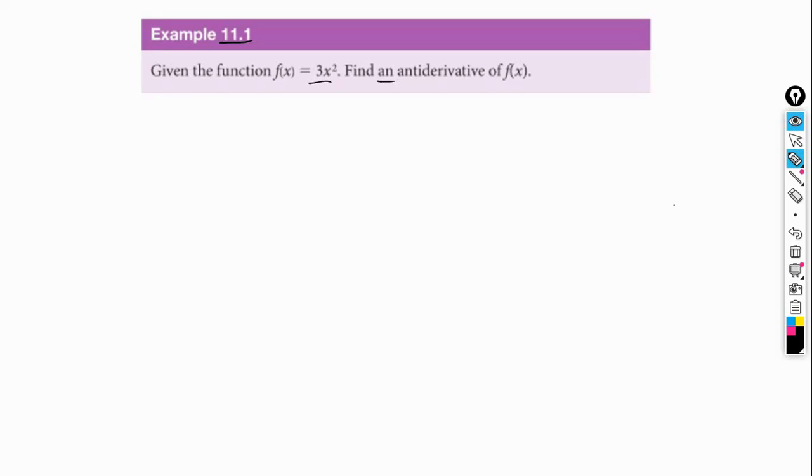So why is that? Well, look, if we have 3 times x squared, how do we find the antiderivative of this? So before, when we wanted to find the derivative, we would multiply by the exponent and then subtract 1 from the exponent.